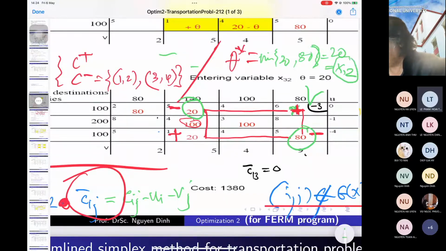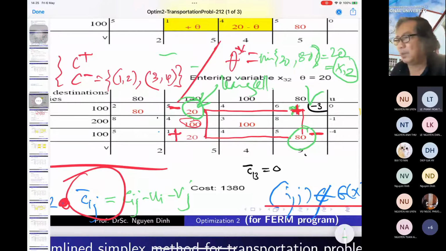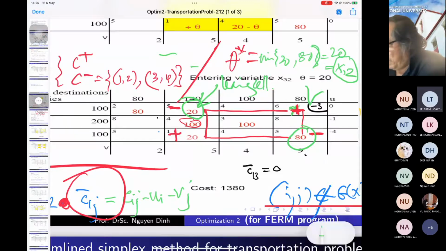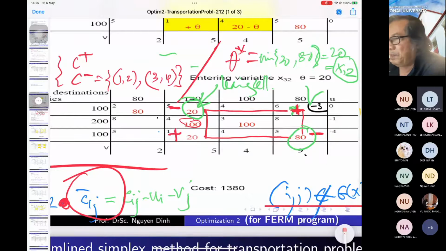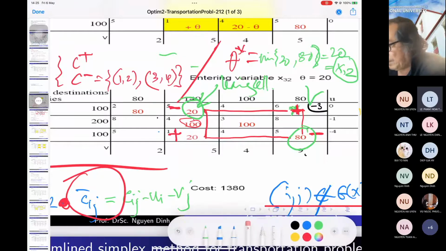X12. So this cell will be the leaving cell. Is that okay? Now you calculate the plus minus theta star, and then you find out the new xij.